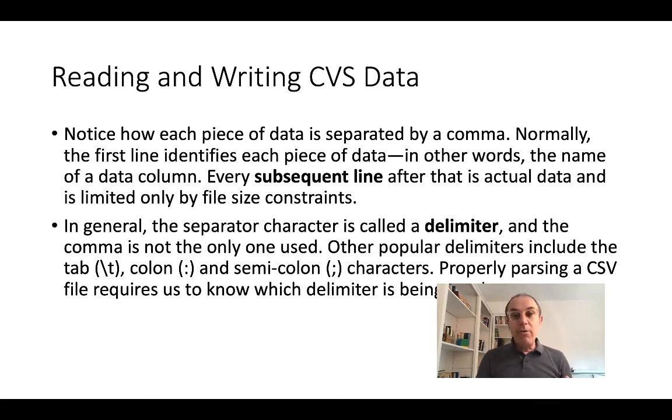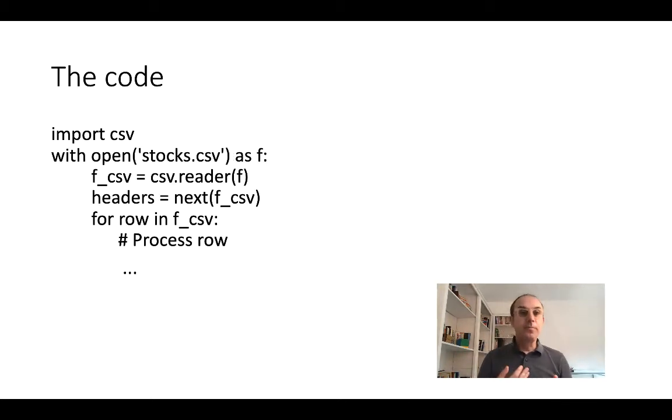In general, the separator character is a comma, but it's not the only one used. We can use a colon, we can use a semicolon, and how we read the CSV file generally requires us to use the container that is being used.